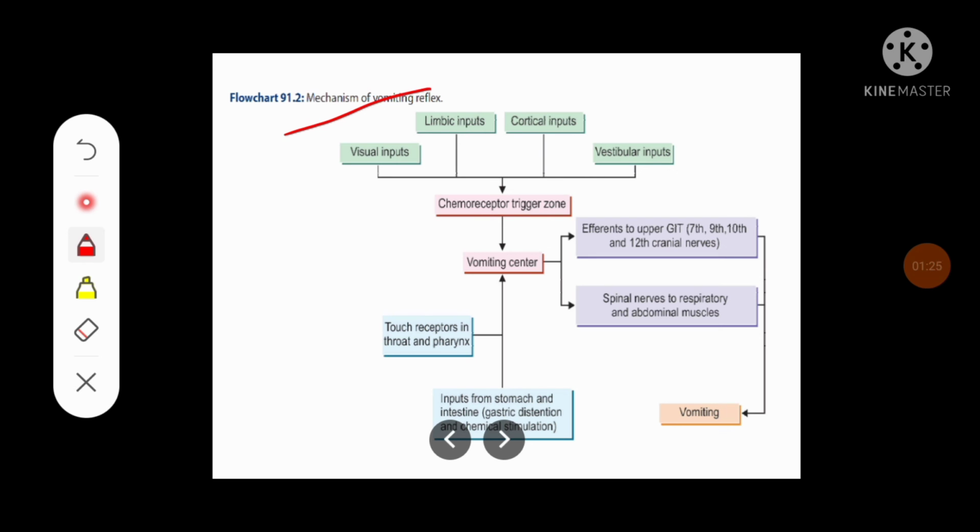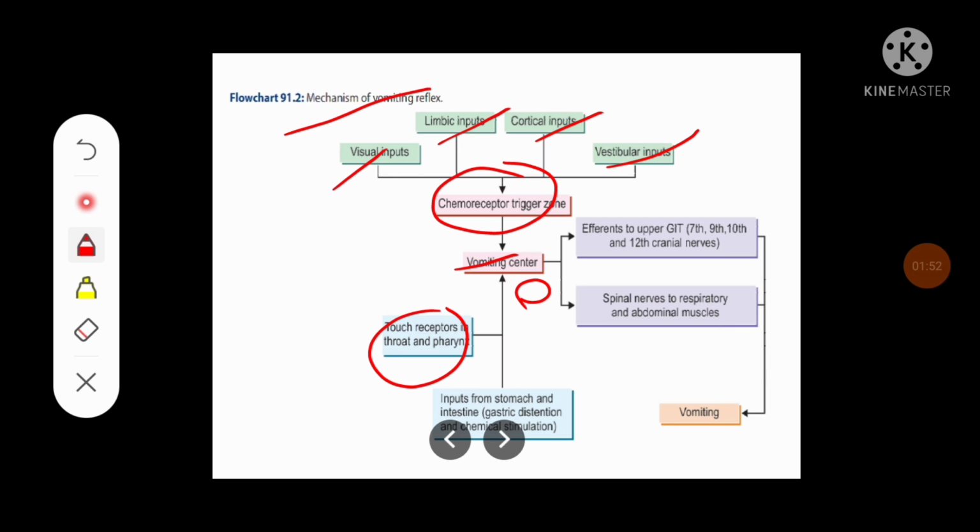Okay, so visual inputs, limbic inputs, cortical inputs, and vestibular inputs trigger the chemoreceptor trigger zone that leads to vomiting. Otherwise, the touch receptors in the throat and pharynx and the input from the stomach and the intestine, because of gastric distension and chemical stimulation, can stimulate the vomiting center.